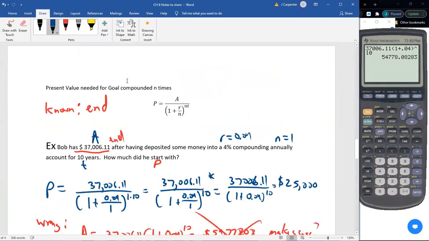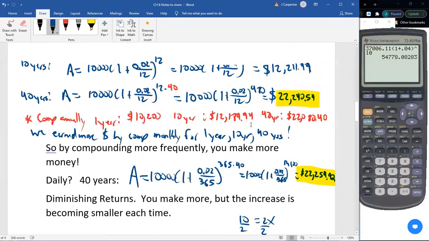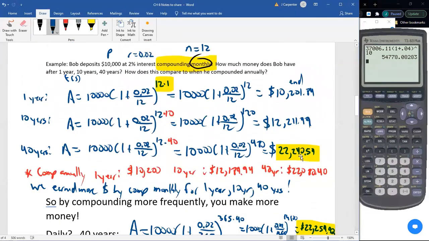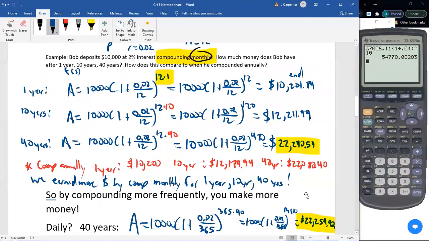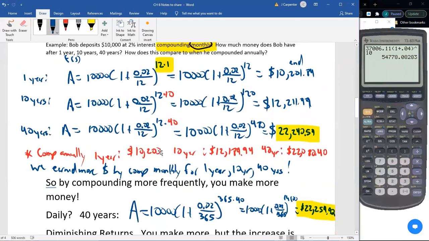So earlier, I'll be scrolling back in a second. We said, all right, when we compounded annually after the first year, we made 10,200. But when we compounded monthly instead, when we gained money more frequently, even at the same annual rate, we gain a little more money, which essentially means we could have made a whole new problem where we only gain money once, end up with the $10,201.84, and figure out what that rate would be.